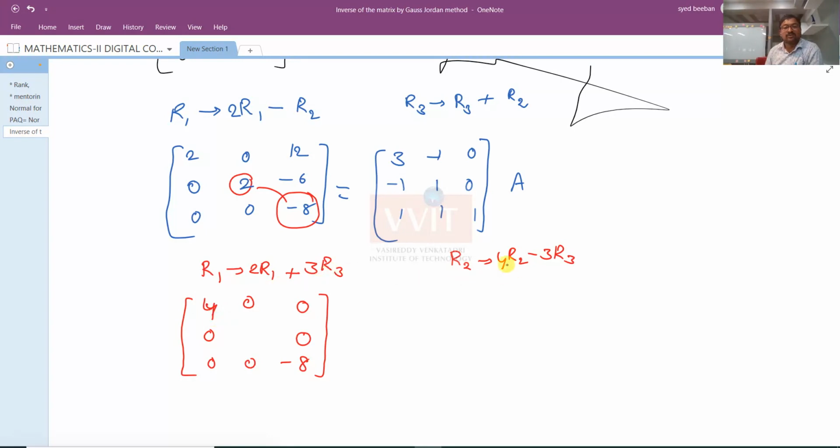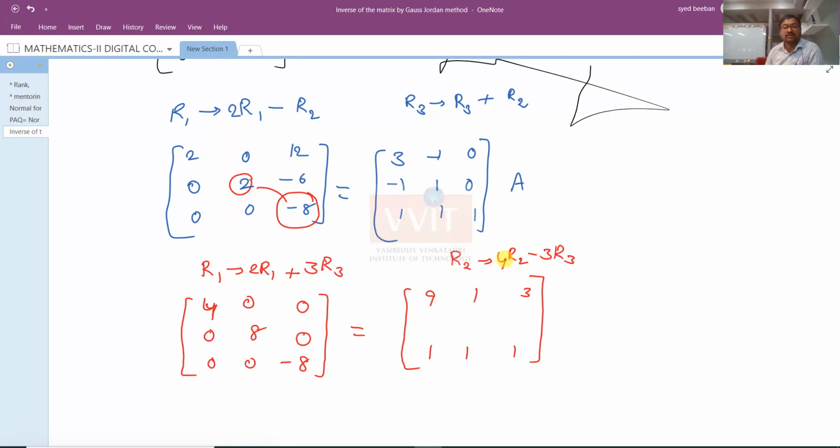Second row: 4 R2 means 8, equals to R3 1 1 1. 2 R1 plus 3 R3: 2 threes are 6, 6 plus 3 is 9, and minus 2 plus 3 will be 1, 0 plus 3, 0 plus 3, 3 completed.